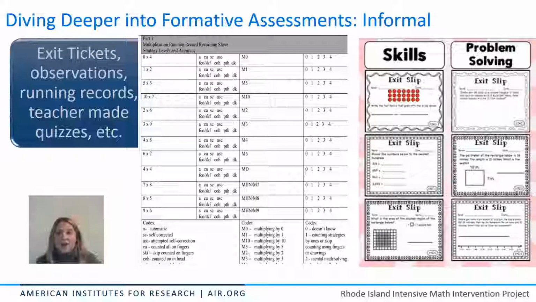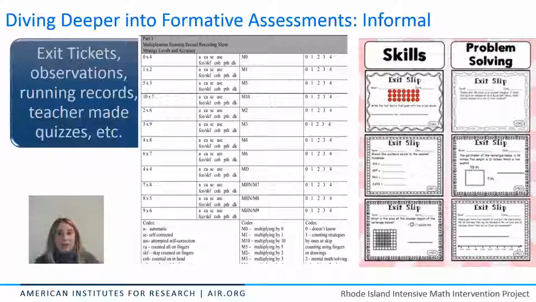They're often not monitoring the maintenance of skills, meaning checking back on skills after they've been taught, instructed, or intervened on. These informal assessments can be used diagnostically to help teachers determine how to adjust their instruction based on student need before getting to a summative assessment.